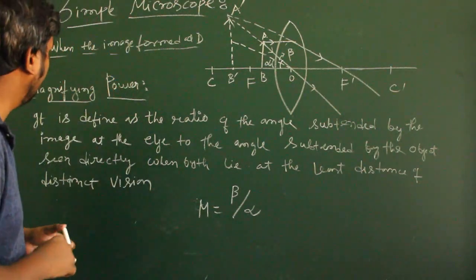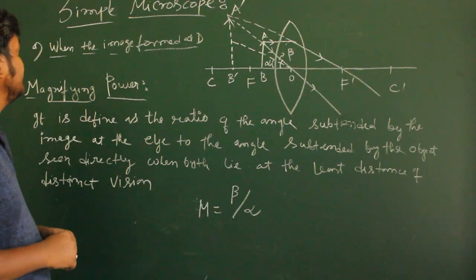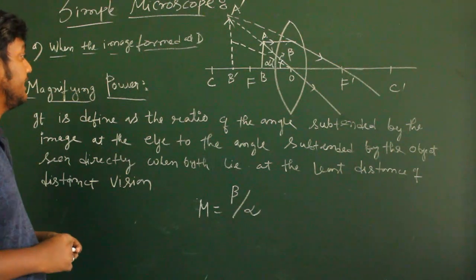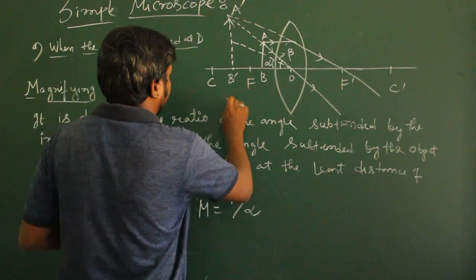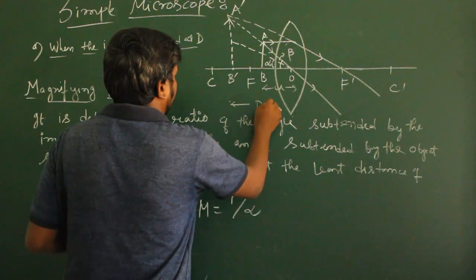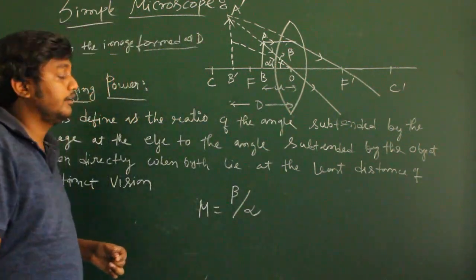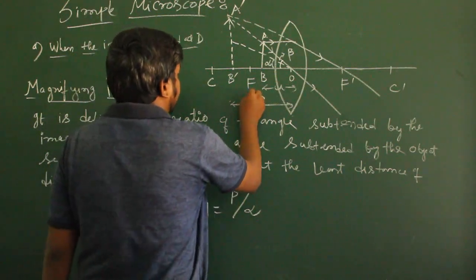Now first we are going to discuss when the image is formed at D, capital D. D means least distance of distinct vision.